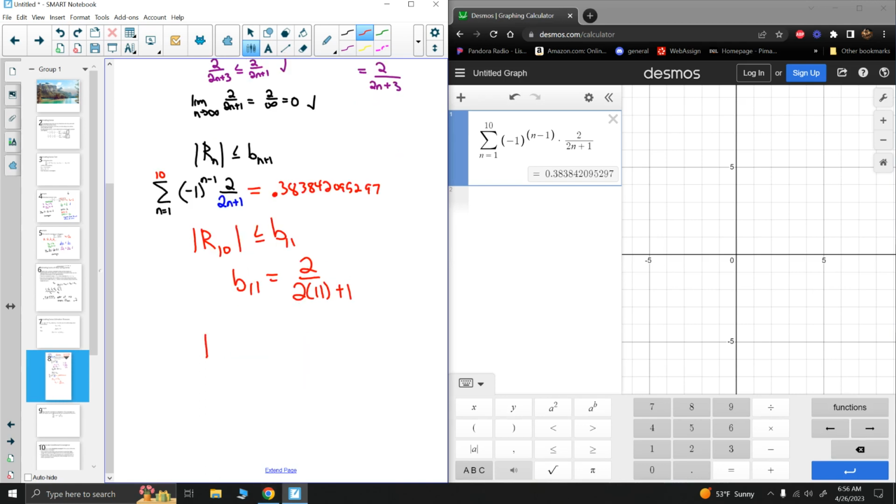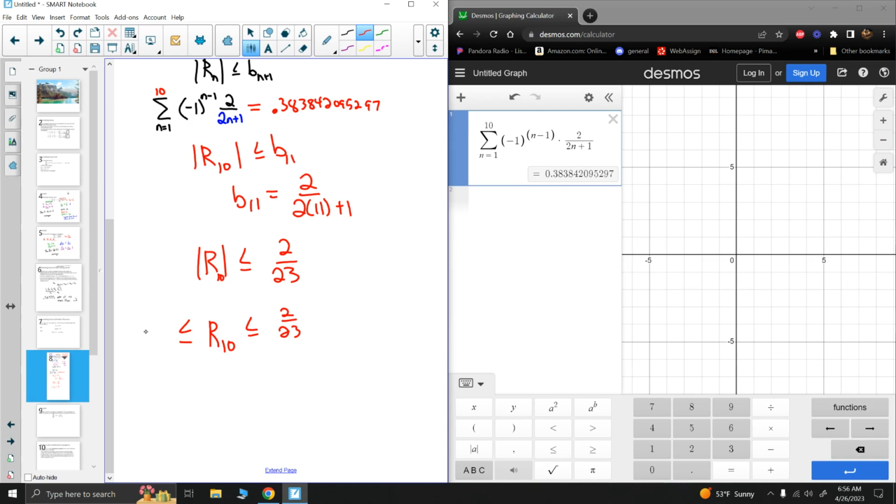So the absolute value of r sub 10 is going to be less than or equal to 2 over 23. Okay, now keep in mind when we have this absolute value, as a reminder, that's basically saying r sub 10 is less than or equal to 2/23 and it's greater than or equal to negative 2 over 23. So we have a plus or minus region because of this absolute value here.